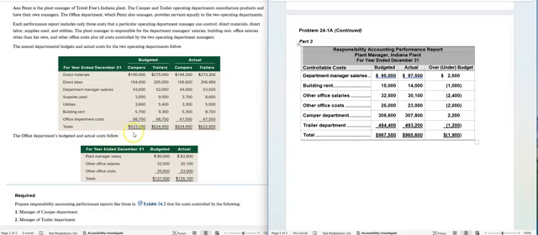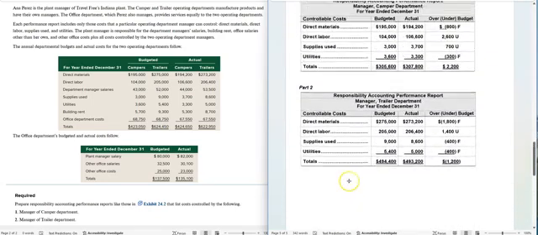All right, so here we have the department manager salaries, budget and actual, building rent, budget and actual, other office salaries and other office costs, budget and actual, and then the total cost, budget and actual for the two departments.